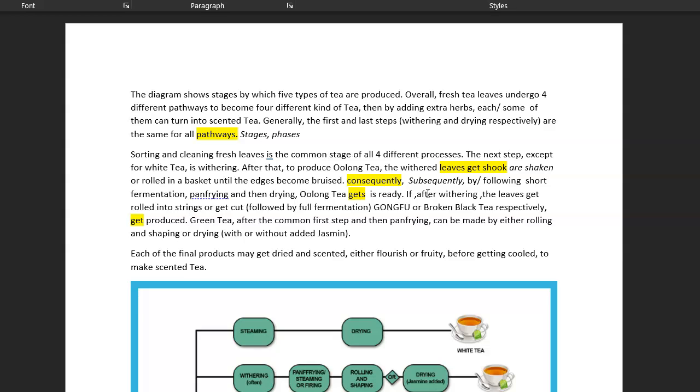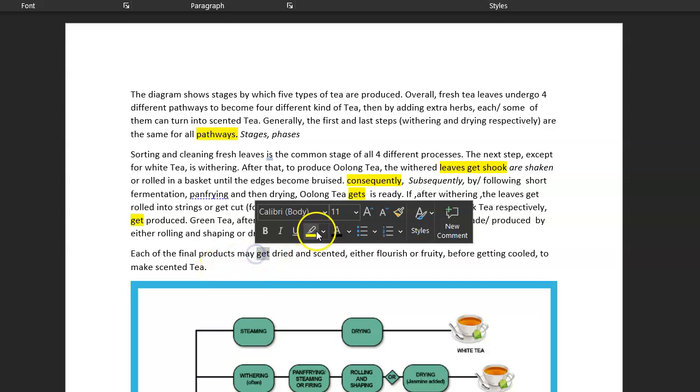Green tea, yep, can be made, produced by either rolling, shaping or drying with or without added jasmine. Lovely. Each of the final products may become or may undergo.